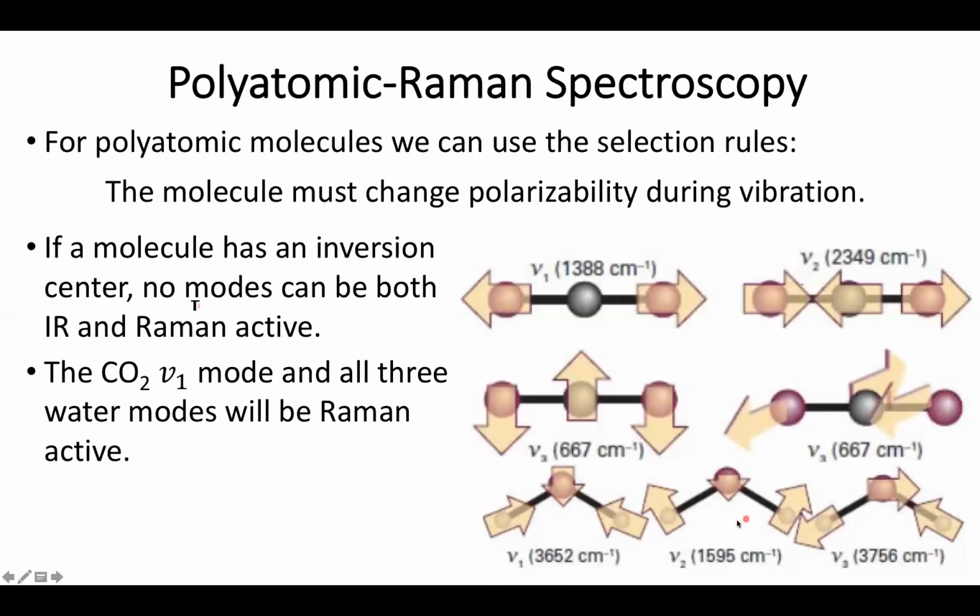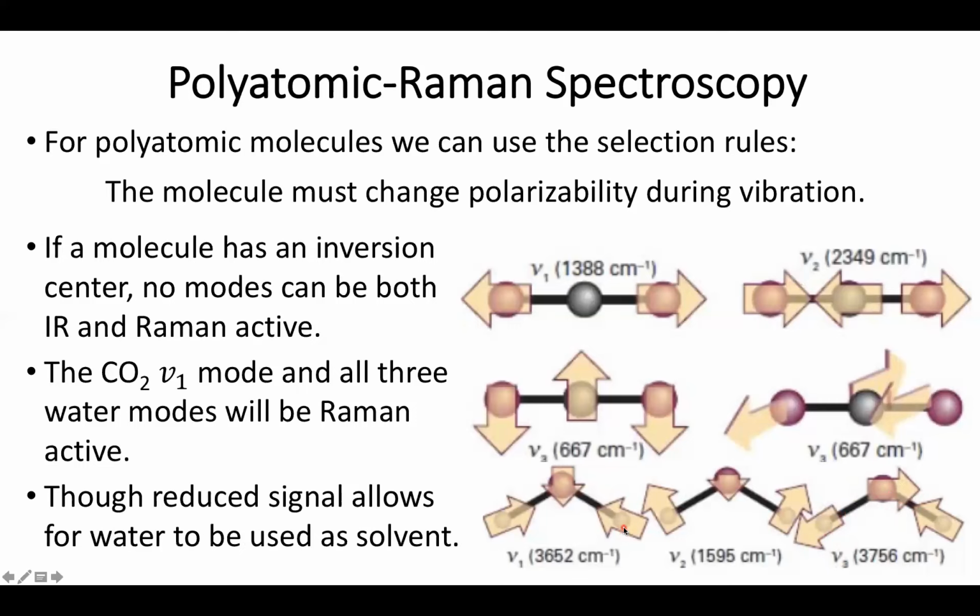For V2, it turns out that this is actually going to net increase the size of the molecule, so it's going to be slightly more polarizable. And because of the uneven size of the oxygens and hydrogens, V3 becomes slightly more polarizable. So it turns out that all three of these signals will also be Raman active as well as IR active.